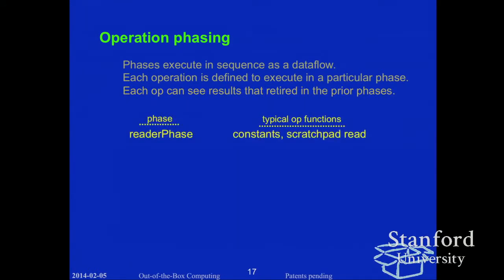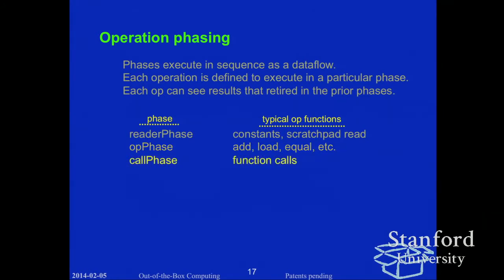The reader phase handles those things which have no inputs: constants, values read from spec regs, from the scratch pad. Scratch pad we won't address, but it's a temporary storage area. Op phase is all your ordinary ops, your adds and subtracts and your loads and so on. So anything in op phase can see anything that was produced in reader phase. In particular, in our example here, add can see the result of const.